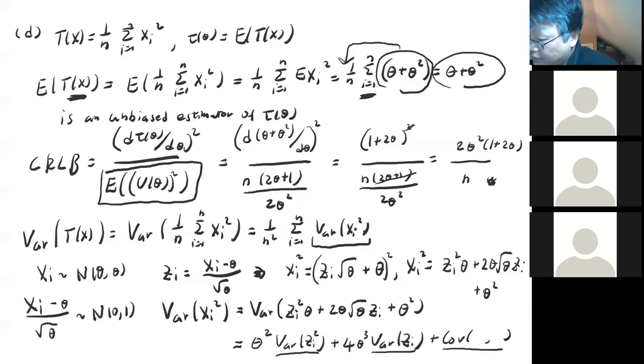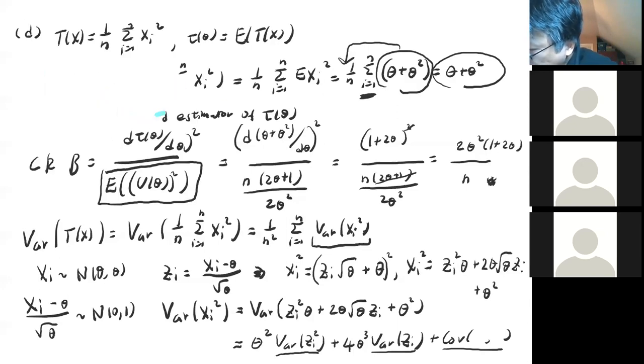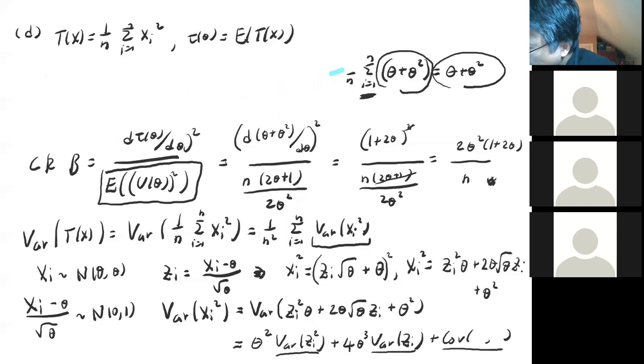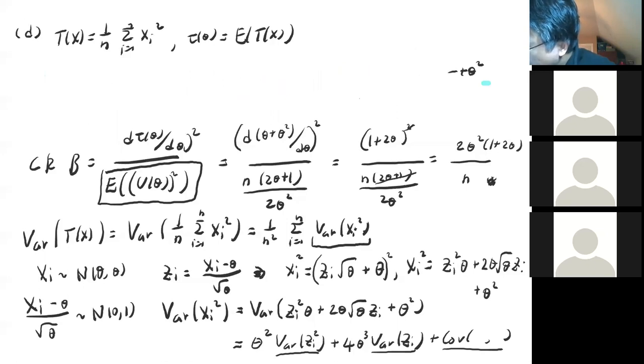Okay, let's do that one by one. So taking this out, I think the covariance term is actually the easiest one to solve.